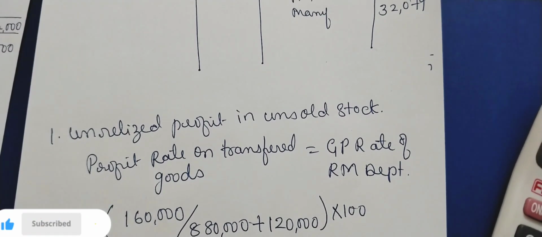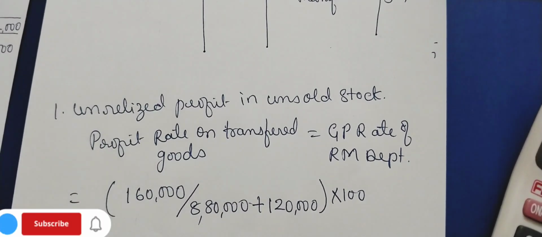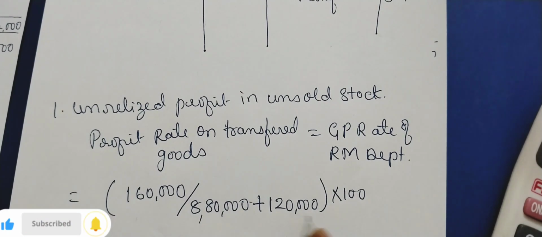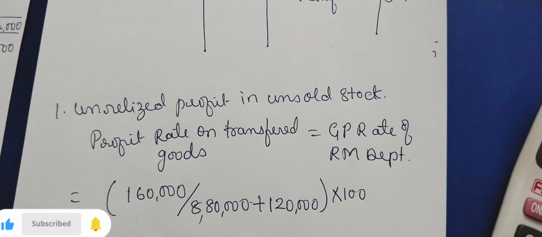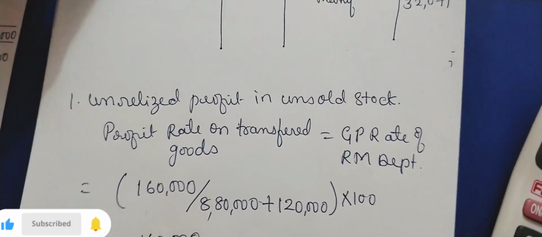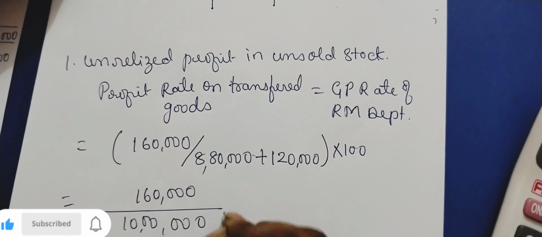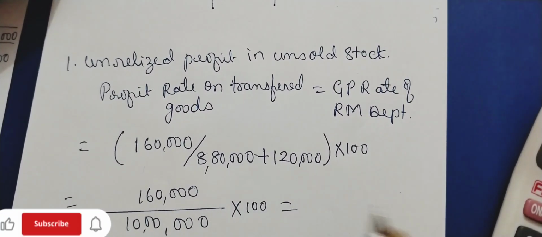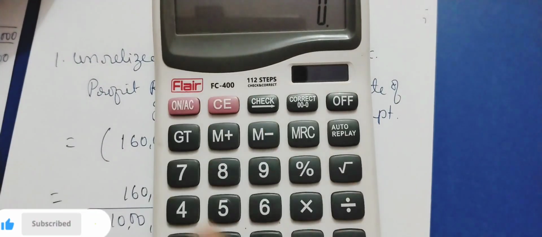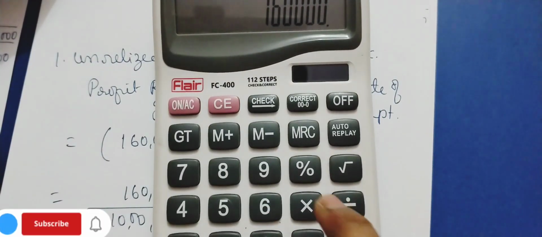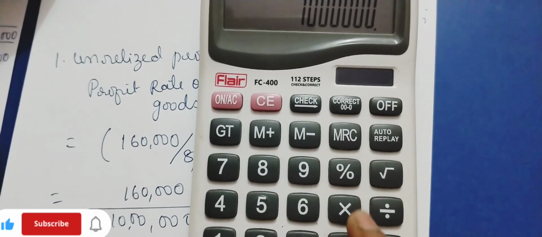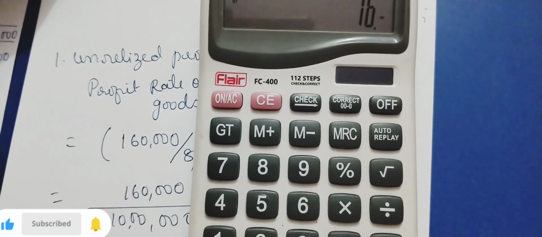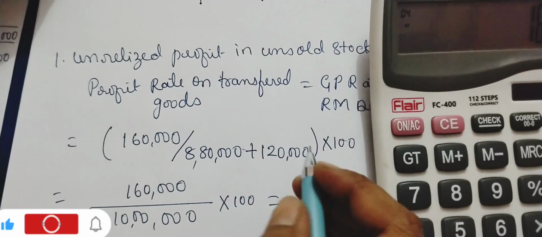Now here 8,80,000 plus 1,20,000 is 10 lakh, right? So 1,60,000 divided by 10 lakh into 100. What is the percentage? 16%.